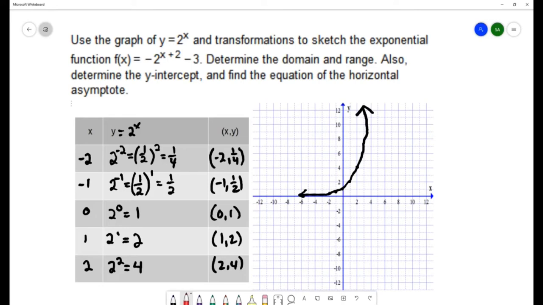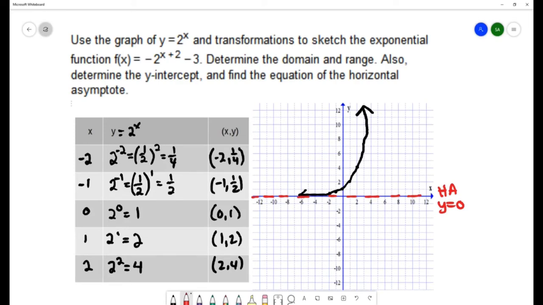And that's what it was referring to, having a horizontal asymptote. The horizontal asymptote is right on top of the x-axis, and it's the equation y equals 0. So we have a sketch of what our graph looks like.